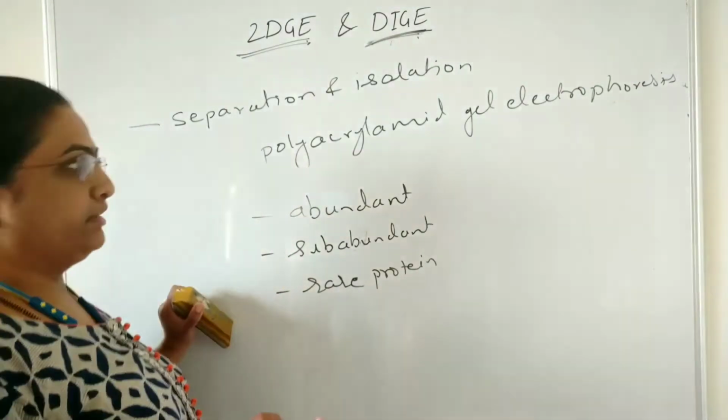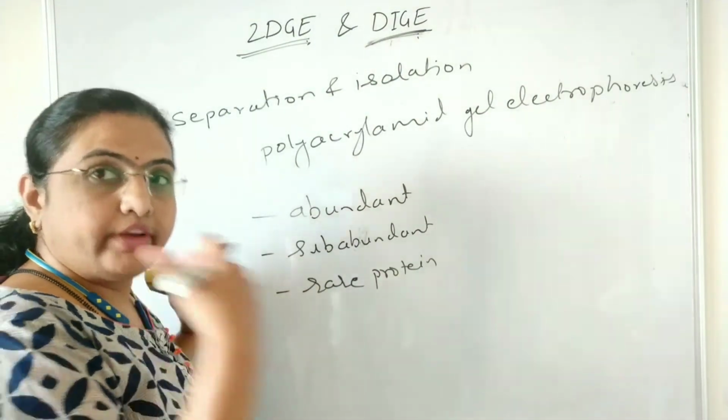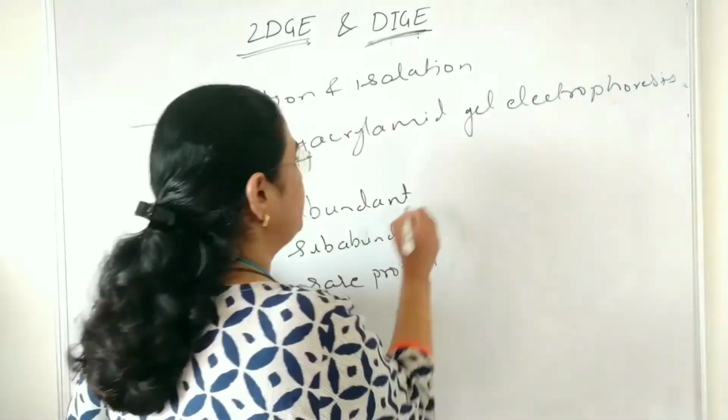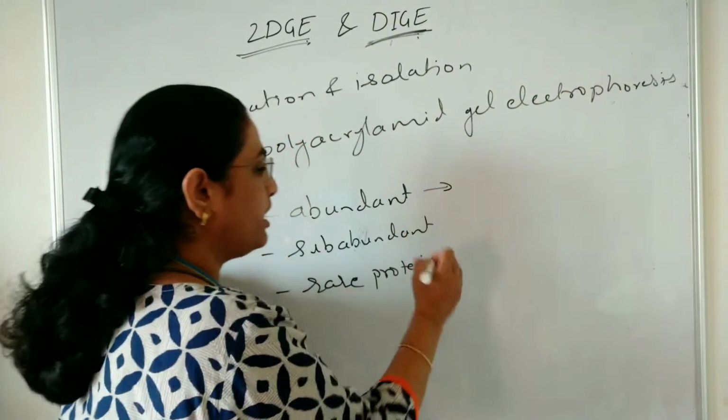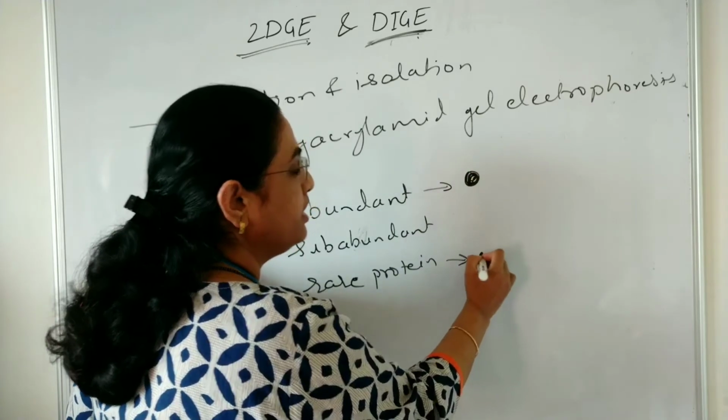So what is going to happen when you run the gel? Suppose there are two proteins, one an abundant protein and one a rare protein.